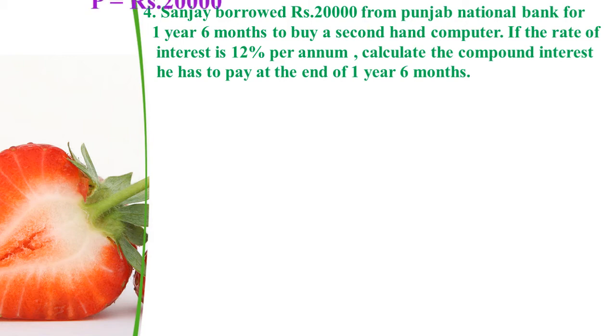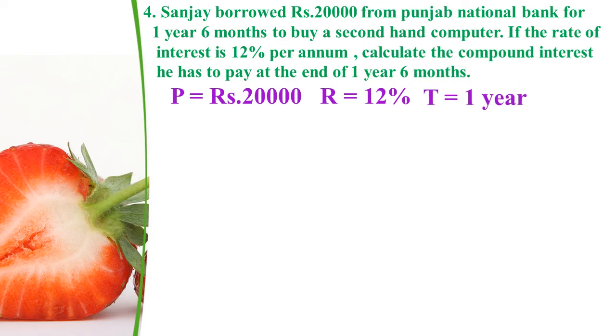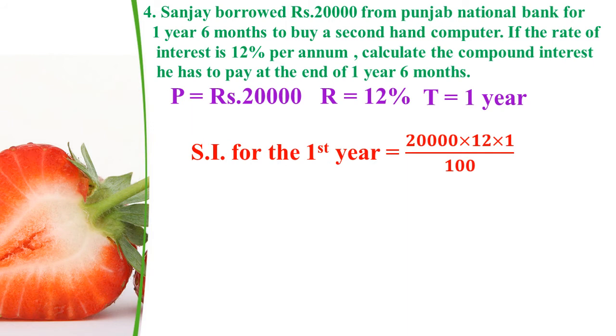Here, principal is rupees 20,000, rate of interest is 12%, time period is 1 year. Let's find simple interest for the first year. Simple interest formula is P into R into T by 100.